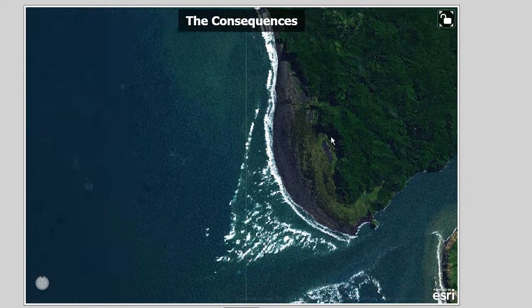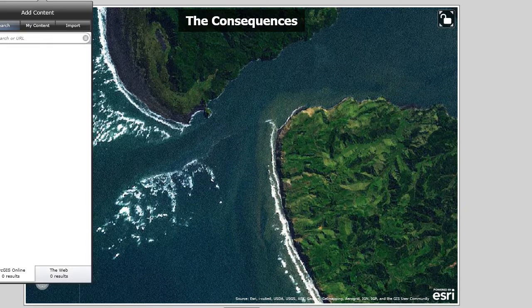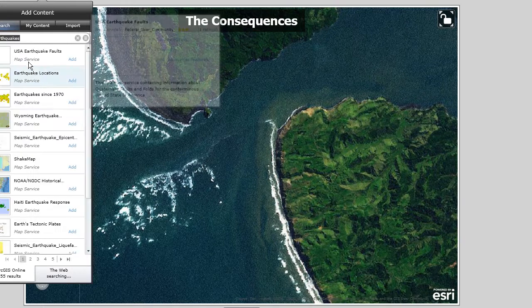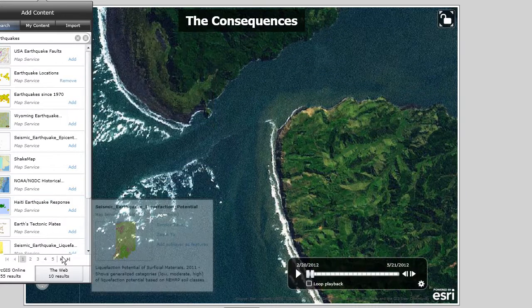Now, we've been using the presentation tool here inside ArcGIS Online. At any point, you can dive out, as I've illustrated here, and look at specific places, look at additional issues. So for example, I'm going to add some content. What if I want to add earthquakes in New Zealand? I can add earthquake locations to my map.